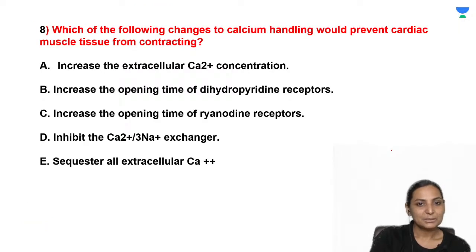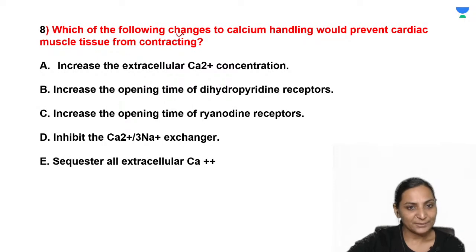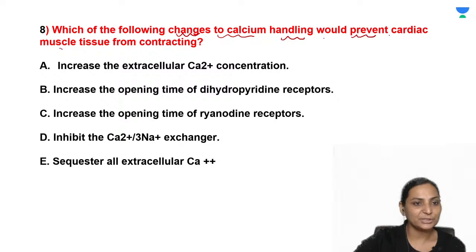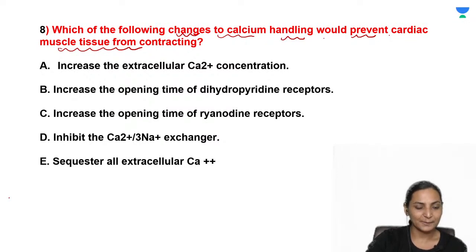Now, which of the following changes to calcium handling would prevent cardiac muscle tissue from contracting? So you have to tell me what is going to prevent the cardiac muscle tissue from contracting.